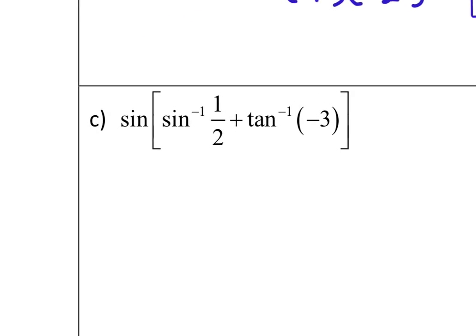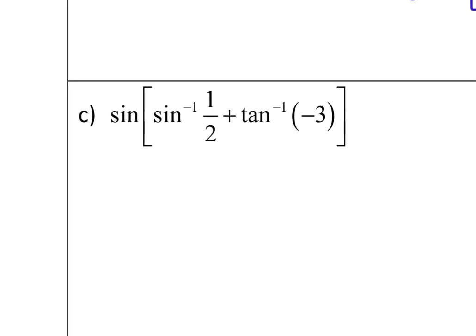Now, in letter C, again, you're talking about two angles. You don't really need to draw two triangles for this problem. Remember that the inverse functions represent an angle. So you've got your angle represented by inverse sine of 1/2.